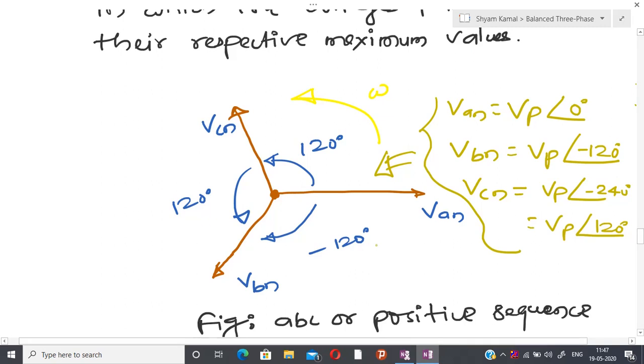If you see the sequence of the voltages, it is known as the ABC sequence, because first A will appear, and after that I have B, and after that I am talking about C.